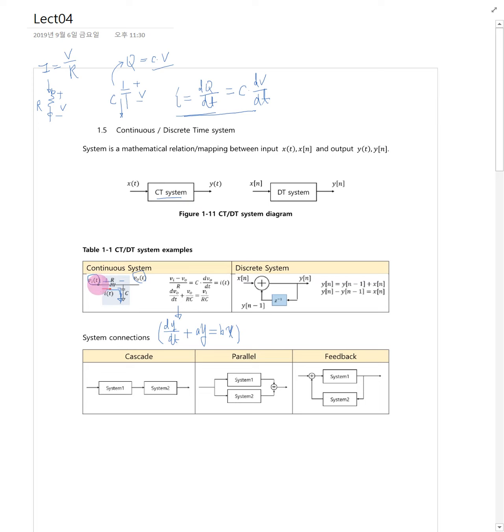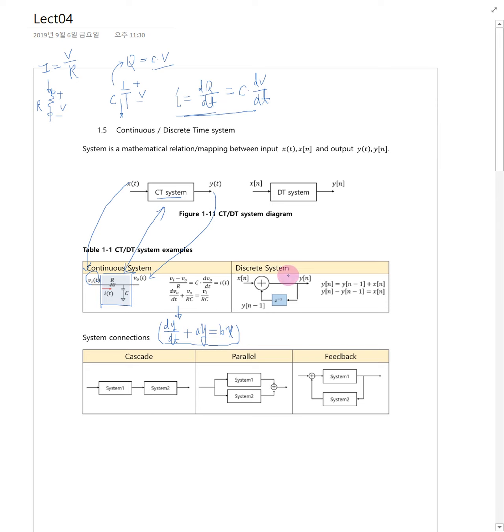You can see that this block corresponds to the continuous time system, where x is Vi and y is Vo. So the output voltage is y, the input voltage is Vi, and the continuous time system is R and C. So input and output are related by the differential equation.